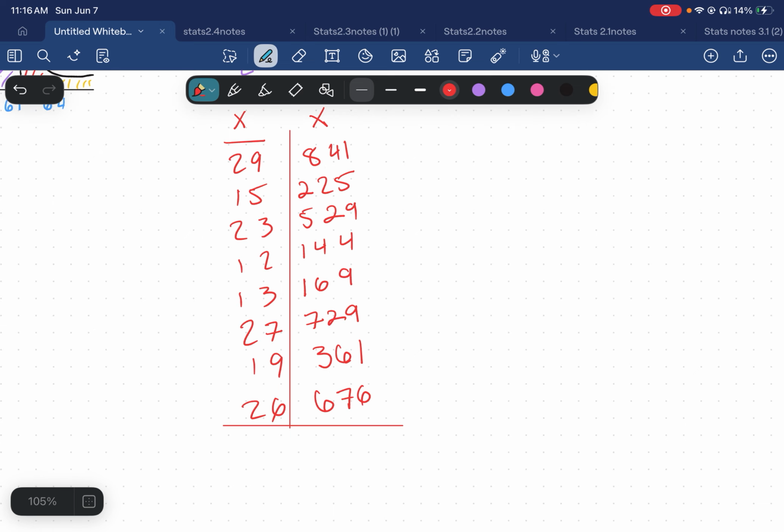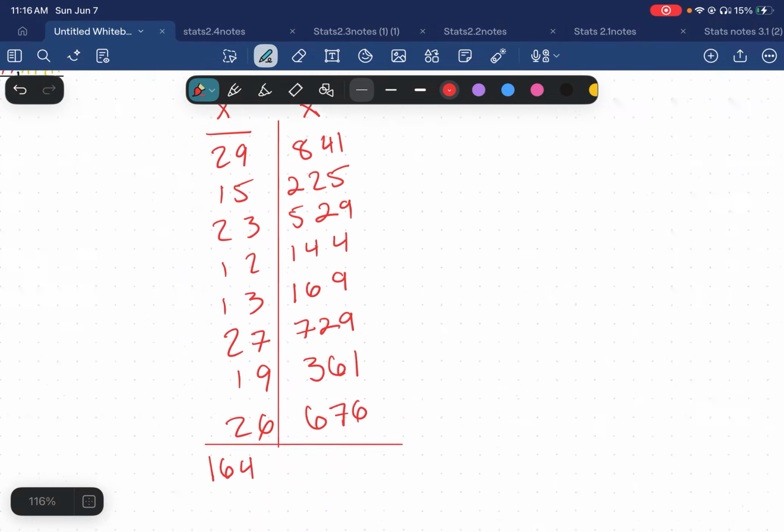All right, and then I'll just break this off to make it easier to tell. And now we'll just add all of these up. So 29 plus 15 plus 23 plus 12 plus 13 plus 27 plus 19 plus 26. That is 164. And then we're going to add up all this x squared.